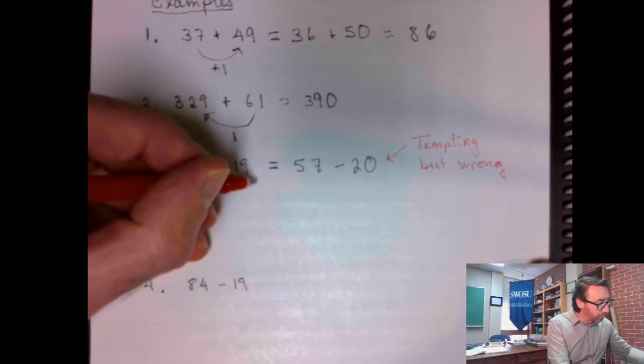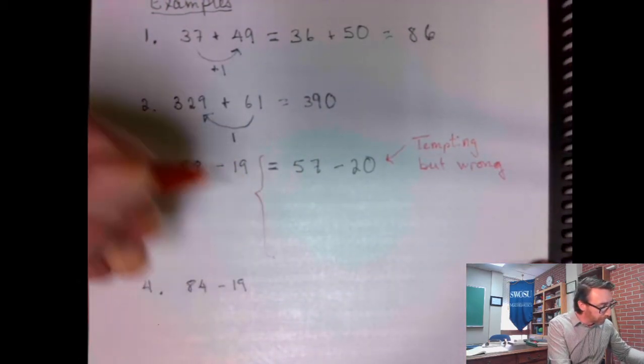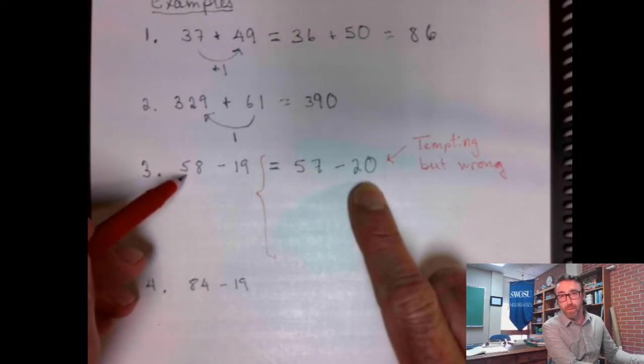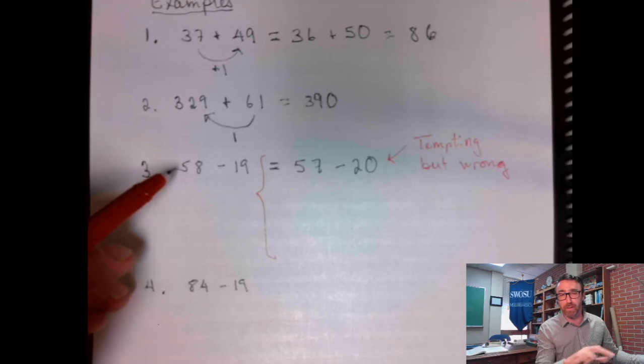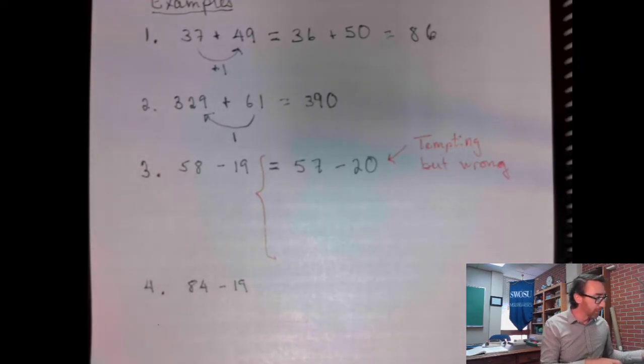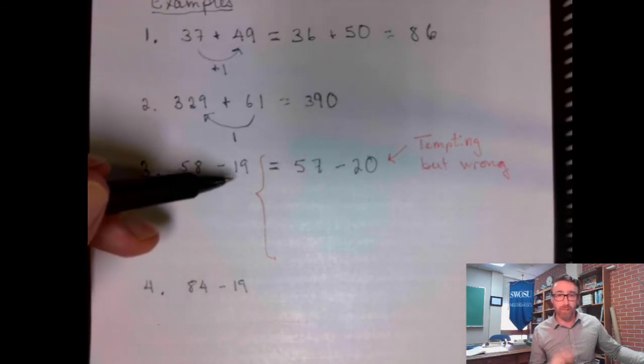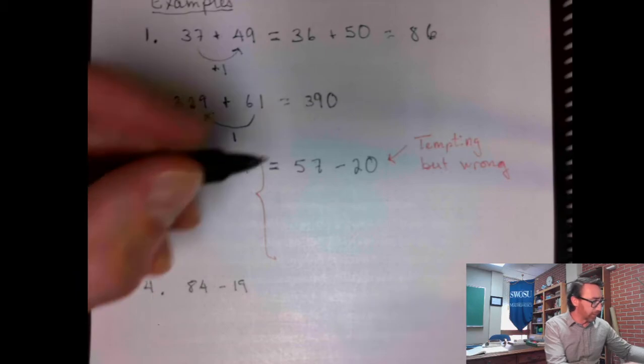This is starting with something smaller and taking away more, so you're going to get less. You can't do it like that. This is the way I usually think of it. It'd be really nice if I could take away 20, but I only want to take away 19.